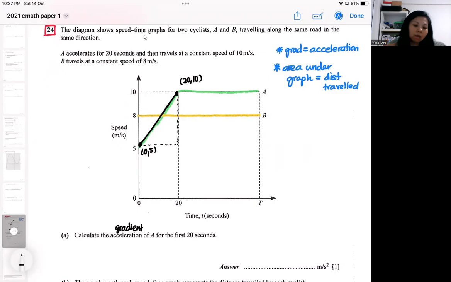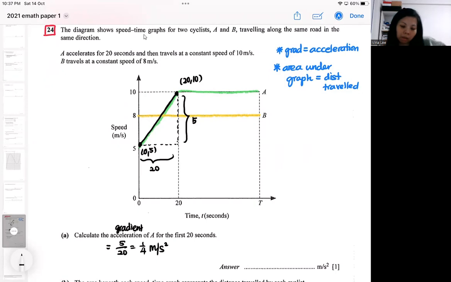It doesn't matter. You can do the vertical distance over horizontal distance. Whatever it is, if you have done the gradient, you will be getting 1/4. So 1/4 meter per second square. So take note of the unit.